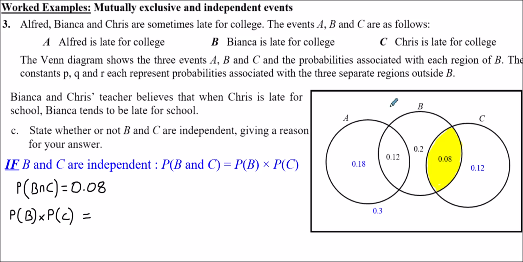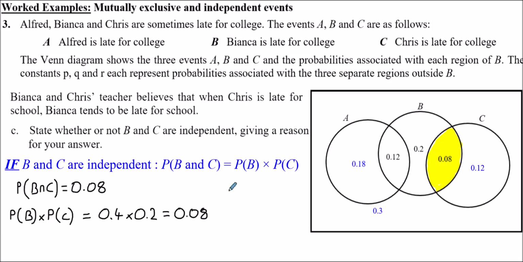Well, P(B), probability of B, is these three numbers added together, because 0.12, 0.2 and 0.08 are all in this circle, and they all add up to 0.4. And the probability of C, in this C circle we've got 0.08 and 0.12. Add those two together, we get 0.2. And 0.4 times 0.2 equals 0.08.